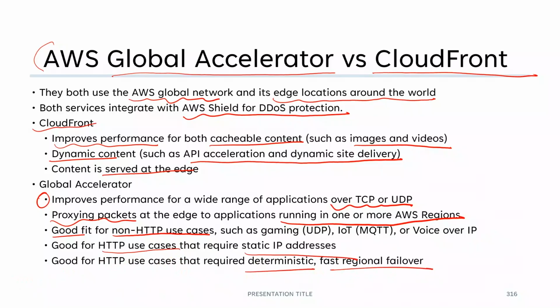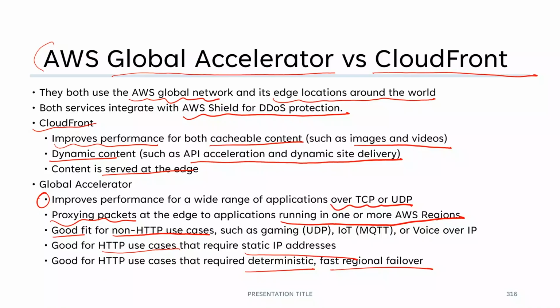So what do we understand from these differences? If your requirement is content delivery, caching at the edge, dynamic site delivery, or static delivery like images, videos and some kind of cacheable content, you use CloudFront. Close your eyes and go for CloudFront.